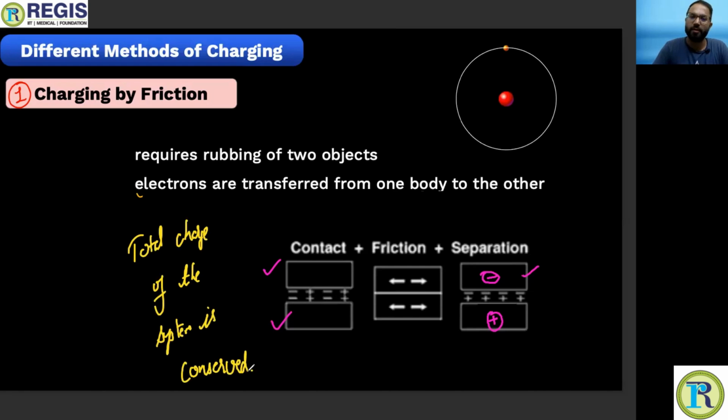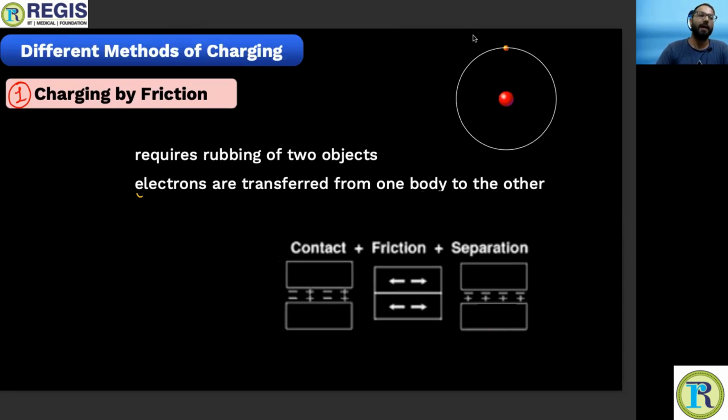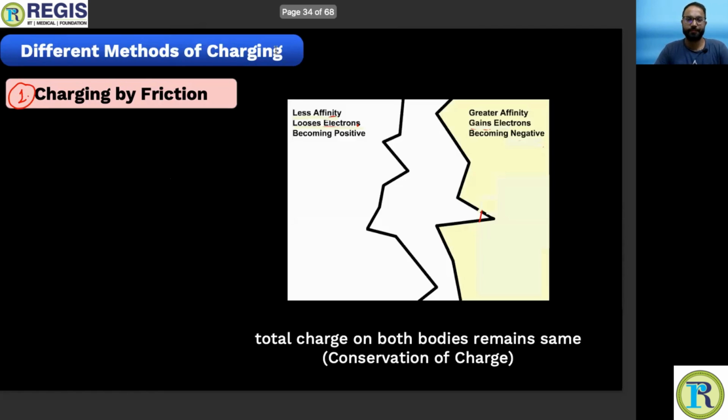We already discussed this property. We are transferring charge from one object to another object, but we are not creating charge, we are not destroying charge.